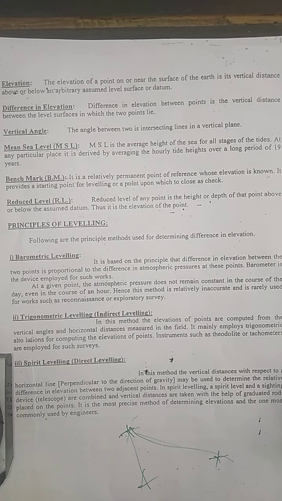Basically, we need leveling in order to know how the earth profile or the ground is, whether it has any inclination, declination, or slope. To know that, we need to use certain instruments.